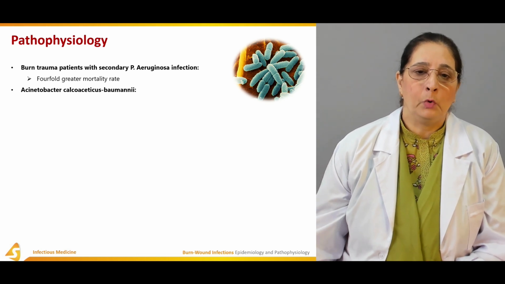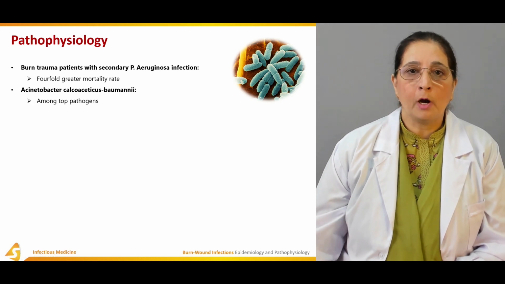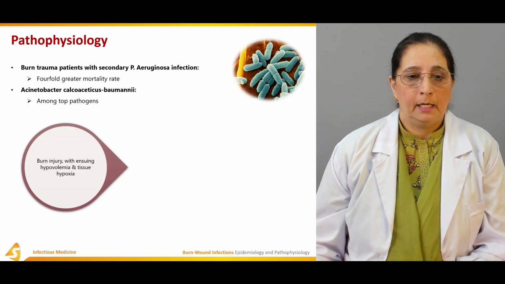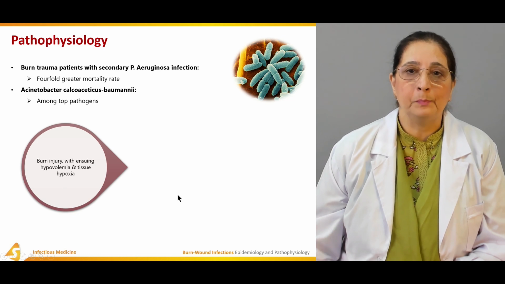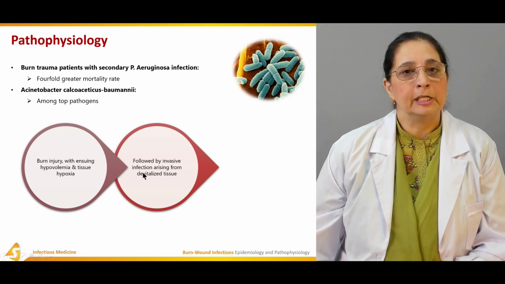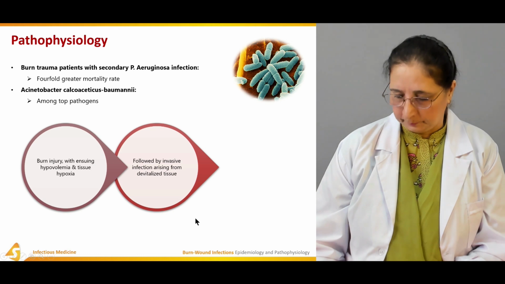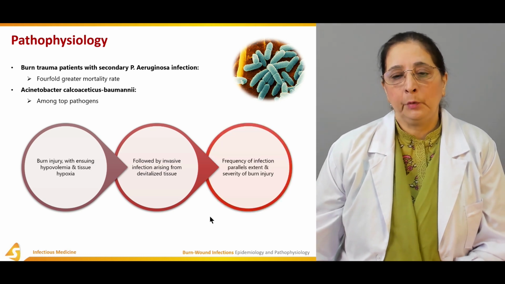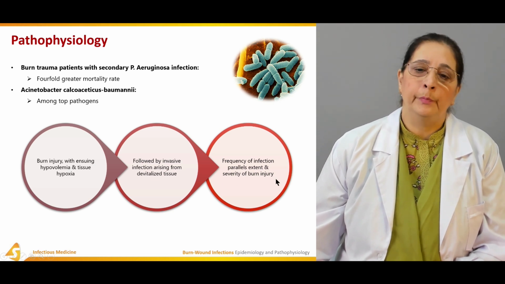Acinetobacter calcoaceticus baumannii is among the top pathogens. Burn injury with ensuing hypovolemia and tissue hypoxia, followed by invasive infection arising from devitalized tissue. The frequency of infection parallels the extent and severity of burn injury.